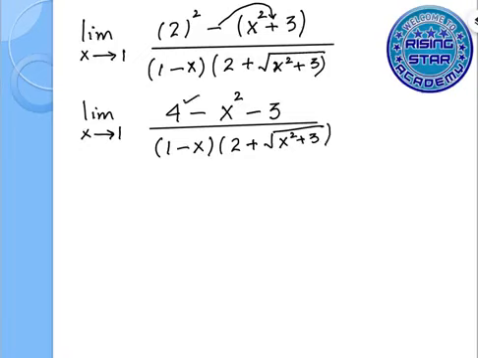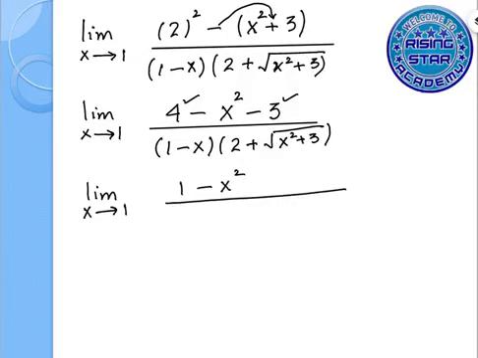So 4 minus 3, 1 will become 1 minus x square over 1 minus x times 2 plus square root of x square plus 3.